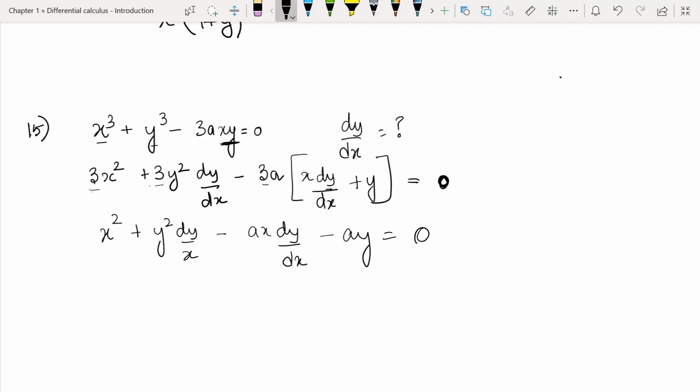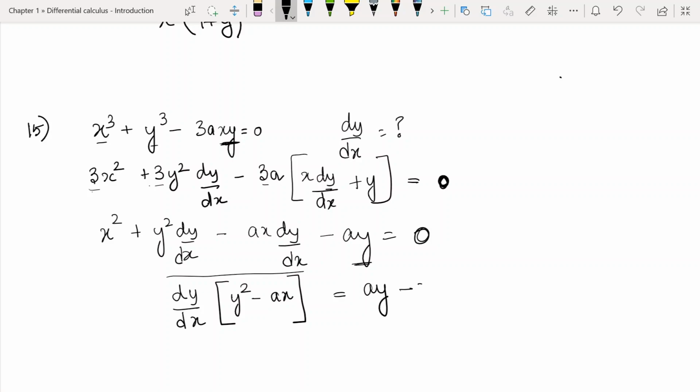This is equal to 0. So the question is asking us to find the value of dy by dx. So let us keep both the dy by dx terms separately. Sorry, I missed the d here. Dy by dx, if I keep it separately, what I get is y square minus ax, close the bracket. On the other side, this term comes here, it becomes positive, minus x square.